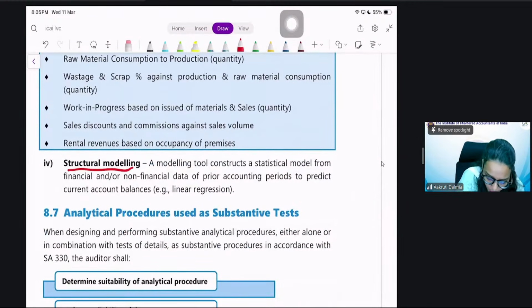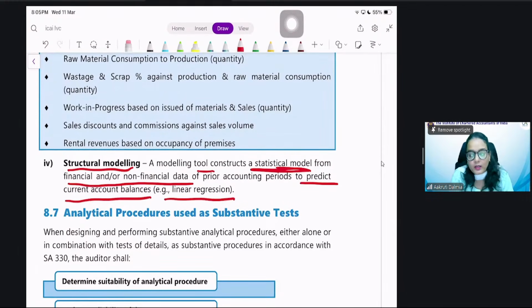Structural modeling, a modeling tool that consists of a statistical model from financial or non-financial data to predict current account balances. I have given you an example actually. So any statistical data. In the past, if a 2 times increase in sales has become a 5 times increase in data, how much will it increase this year?